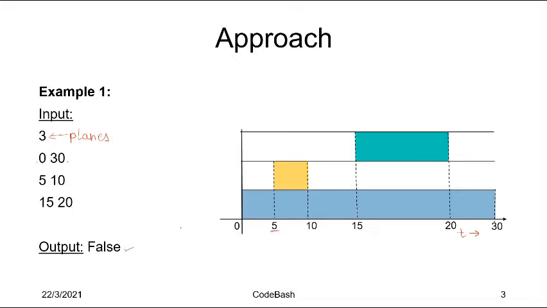If so, we directly print false. Otherwise, we continue checking until all the flights in the allotted timesheet are covered. This was our flight 1, this was our flight 2, and this was our flight 3. You can consider this visualization to help you understand.